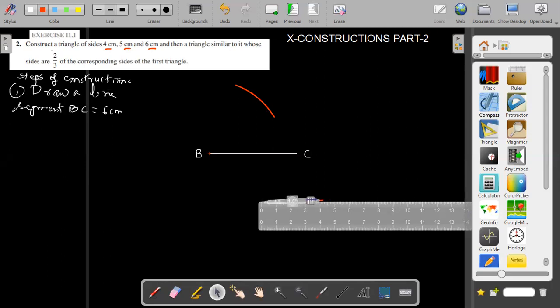Reduce 1 centimeter, keep it at C, and draw another arc which intersects this arc.